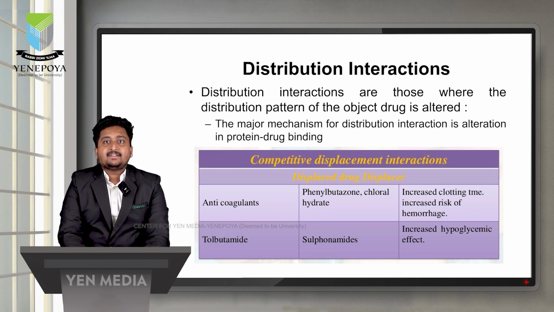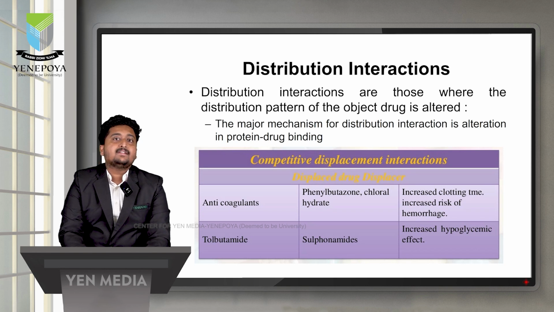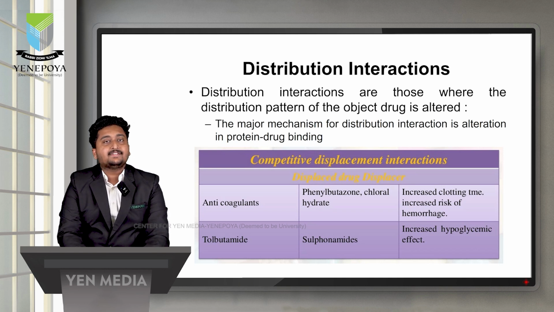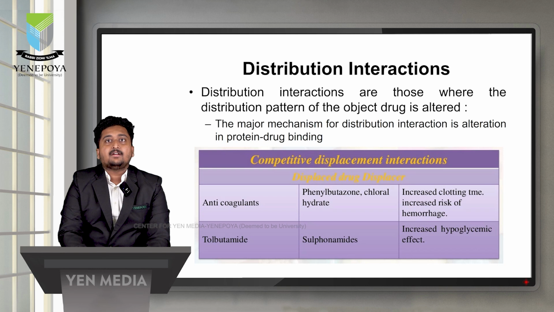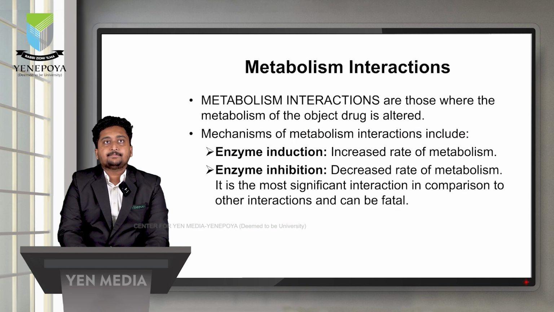We can see that there is an increased hypoglycemic effect, because tolbutamide, being a sulfonylurea, is an oral hypoglycemic agent, and sulfonamides can enhance its effect so that the hypoglycemic effect is increased. These are the examples for competitive displacement reactions, which is nothing but majorly the protein binding drug distribution mechanism.